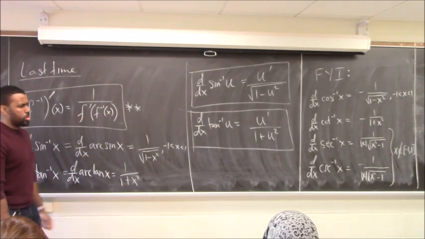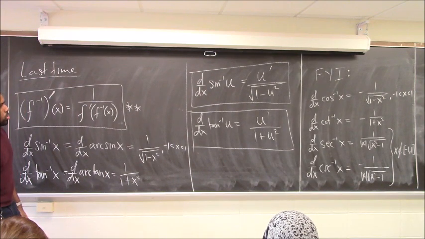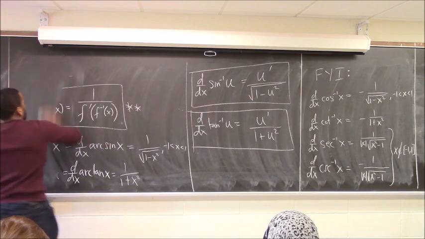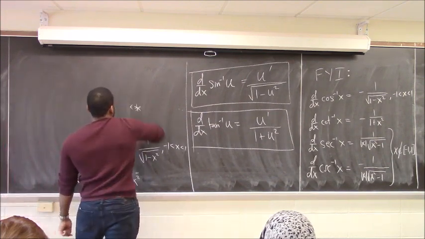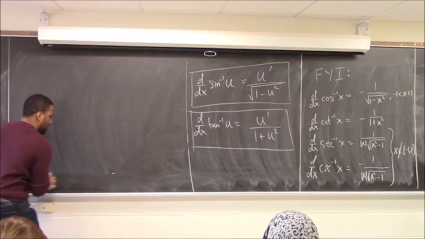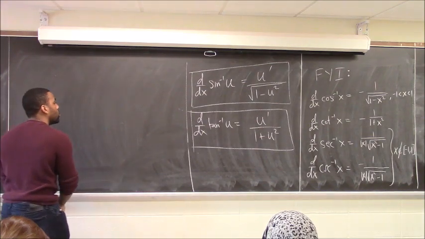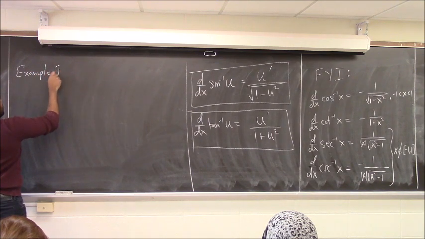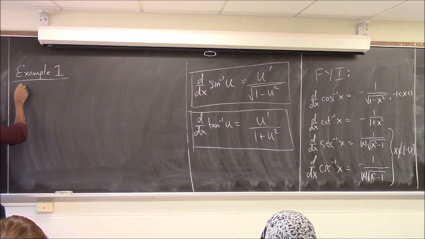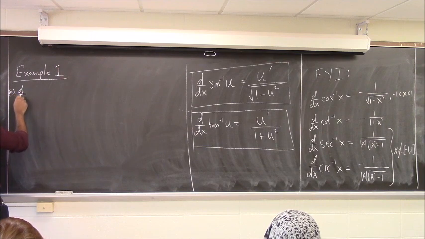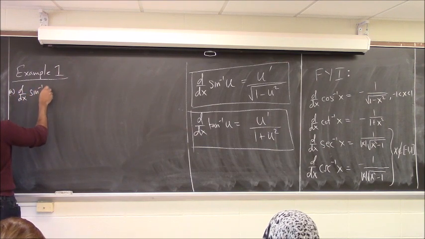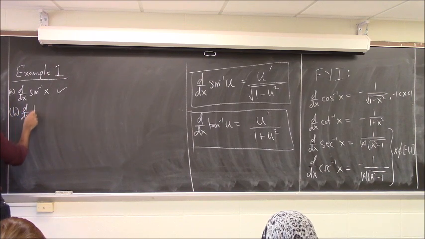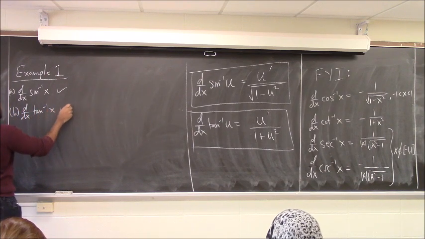We derived those two formulas. We also left off some examples that we didn't complete, which we will complete now. So in example 1, we were to find the derivative of the sine inverse function, and we did that. B, we were to find the derivative of this, and we did that.